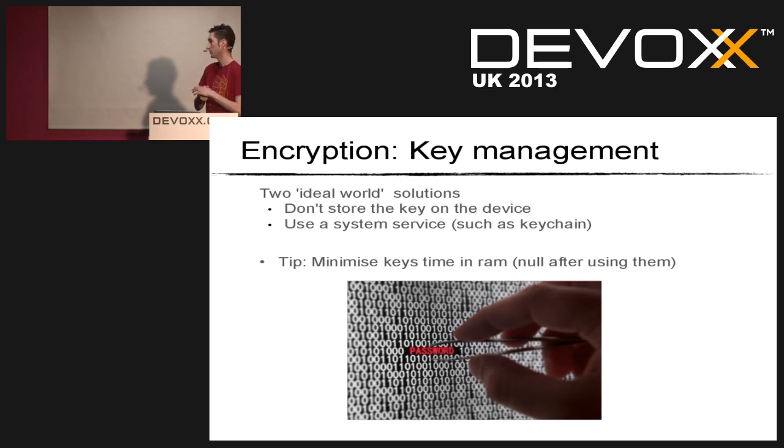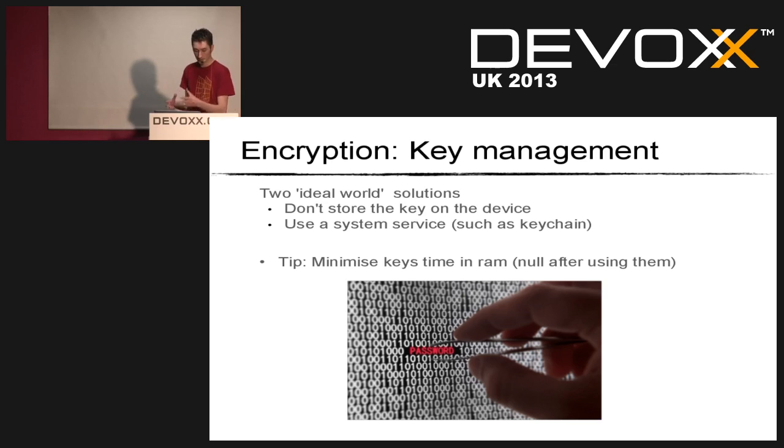In an ideal world, the solution is don't store the key on the device, or use some kind of system service like a keychain, very much like iOS has. Although in Ice Cream Sandwich there was an introduction of a keychain class, it's not really suitable to store arbitrary symmetric keys. It's designed for certificates.